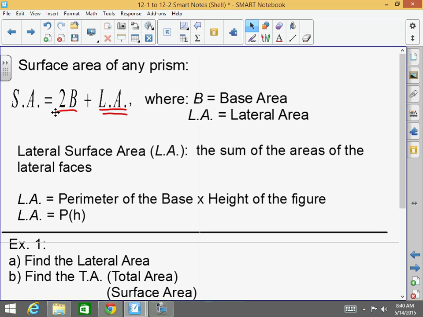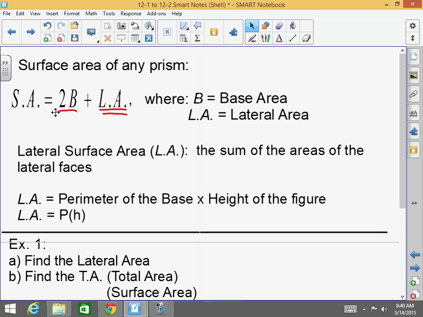Now, you may be thinking to yourself, okay, how does that make sense? Well, let's think about it, guys. For those of you in the internet world, you can't really see what I'm doing here, but just try to listen to me clearly. I'm showing you guys a hexagonal prism, correct?